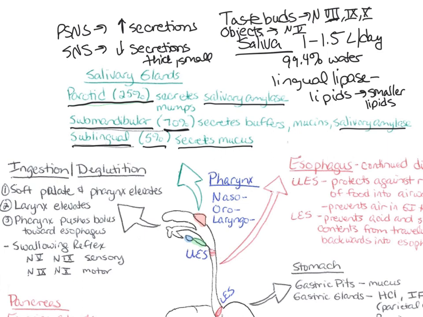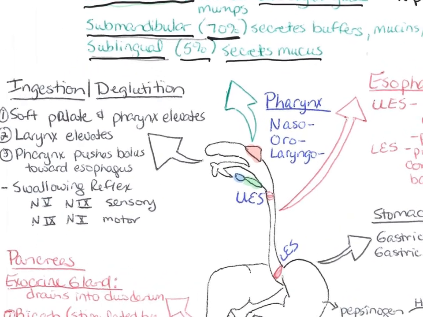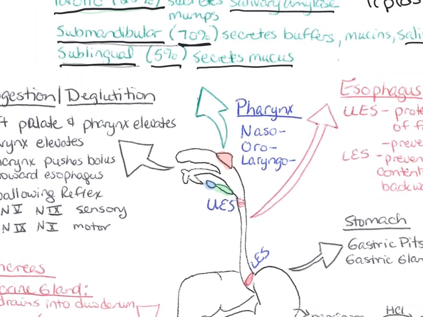Okay? Then from the oral cavity, we move into the pharynx, right? So this pharynx is the connecting area. It's also known as the throat in more common terms. And the throat connects the oral cavity to the esophagus. So here's the pharynx, right in there. So it's connecting the mouth, the oral cavity, to the esophagus, which is your food tube, right?